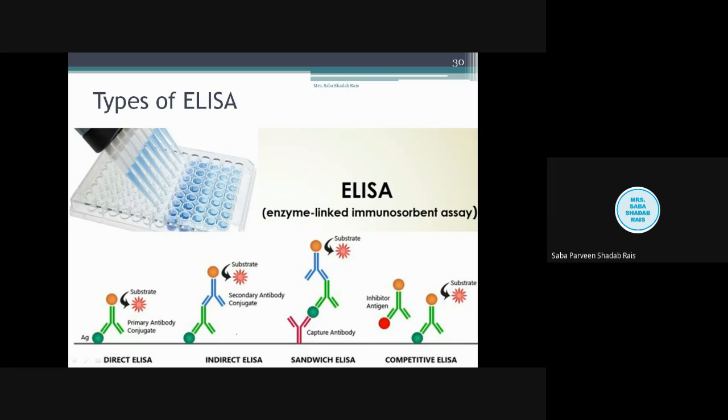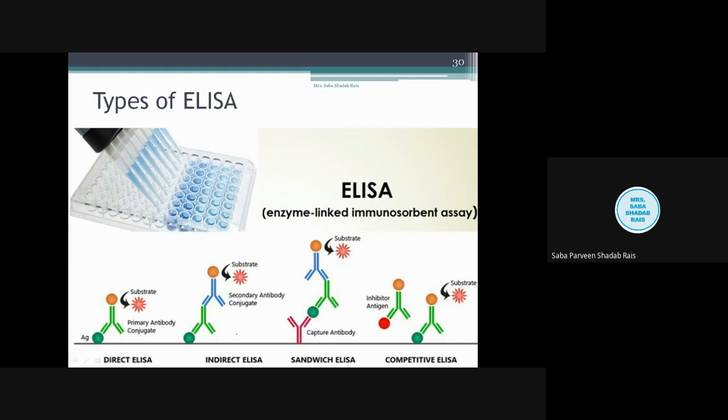So in indirect ELISA, again we are going to prepare the antigen-coated wells. Thereafter we will add the unlabeled primary antibody, then wash. After that, the antigen-antibody complex will be there, but here it is not going to produce any colored product, because after that we are going to add the secondary antibodies.